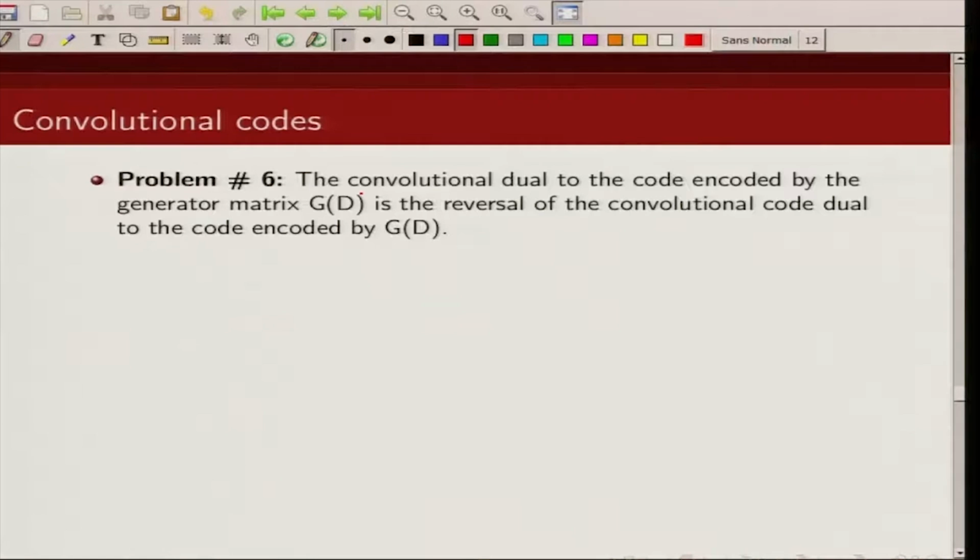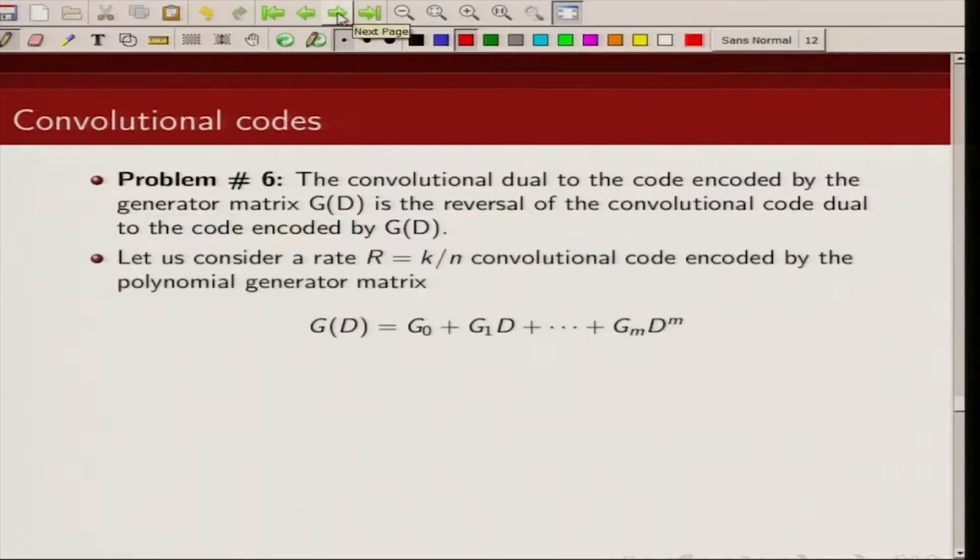Here we will show that the convolutional dual to the code encoded by the generator matrix G(D) is nothing but the reversal of the convolutional code dual to the code generated by G(D). So, let us consider a rate k by n convolutional code which is encoded by a polynomial generator.